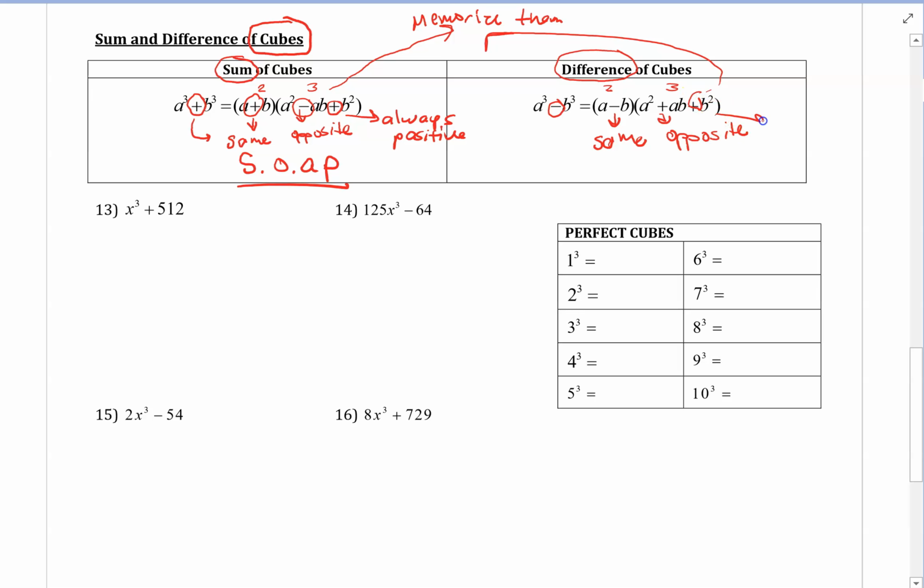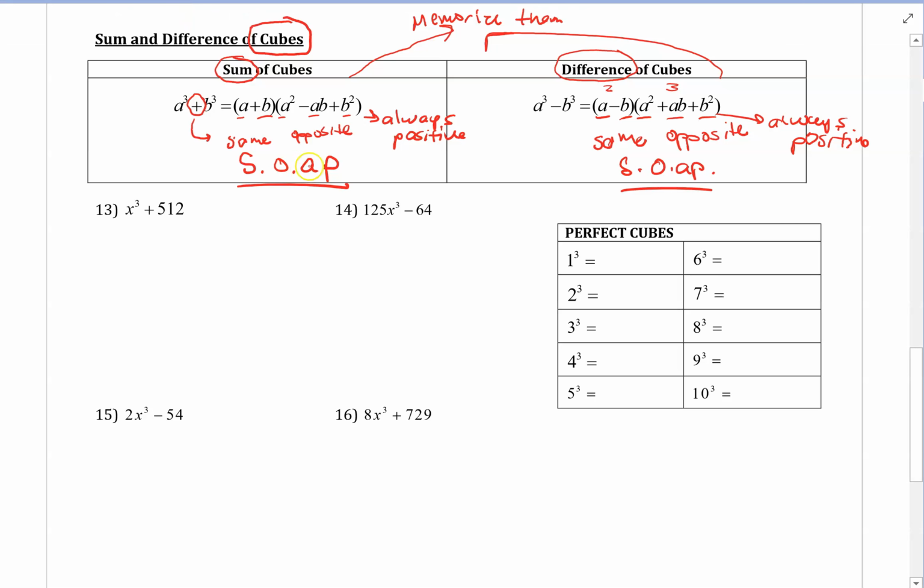And then the last sign is always positive. So again, you see SOAP in action. Minus, plus, plus. So from there, you just have to remember the order. AB, A squared, AB, B squared. It's the same over here. AB, A squared, AB, B squared.